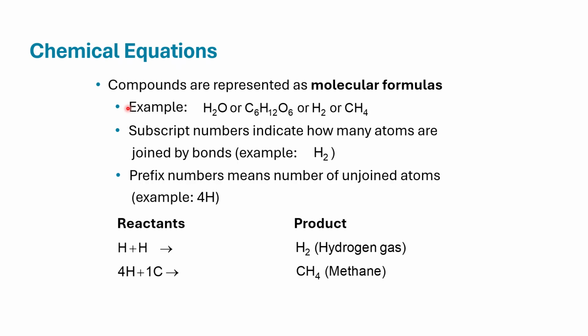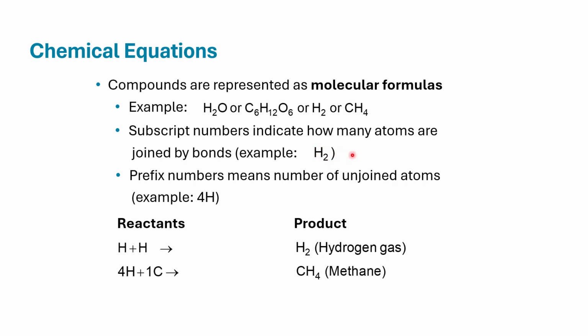So here we have compounds represented as molecular formulas. Example, water or sugar or H2 or CH4. Subscript numbers indicate how many atoms are joined by bonds. So when the number is after the letter, these two are joined by bonds. So this would be H2.